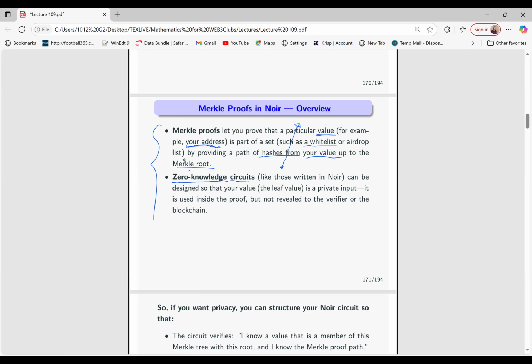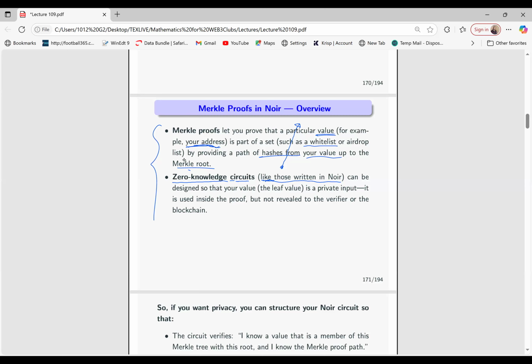And these are just circuits, as I mentioned earlier, like those we've been writing in Noir. Now, how are they designed?